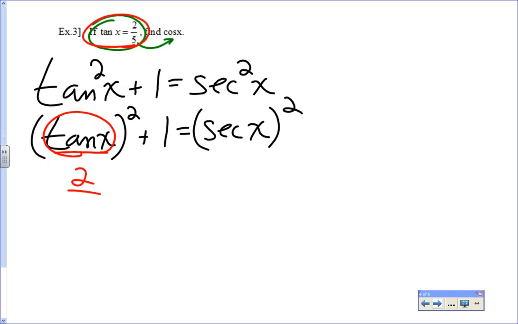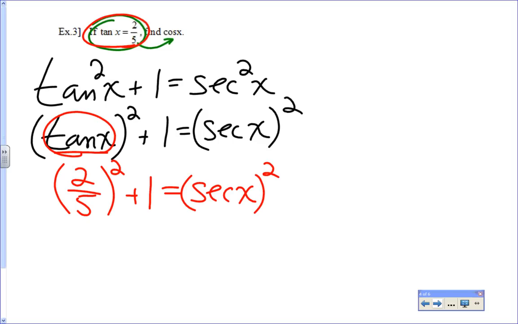So it's 2/5, but what do I have to do to that 2/5 according to this problem? Square it, plus 1 equals, well, I don't know what secant of x is yet. We'll just write it like that. How many variables are left in this problem? 1, x.